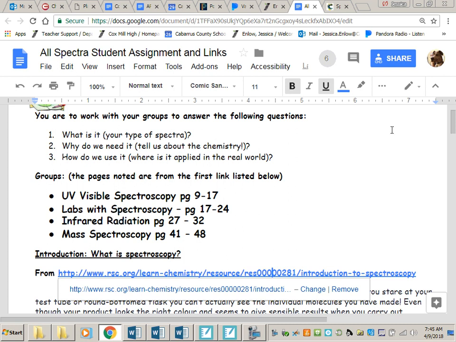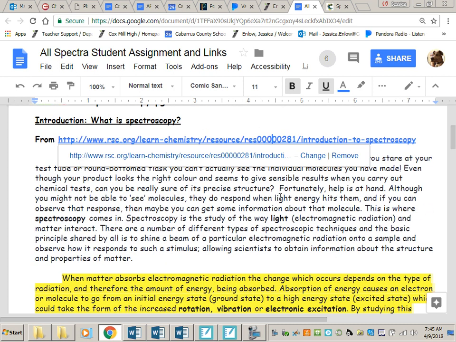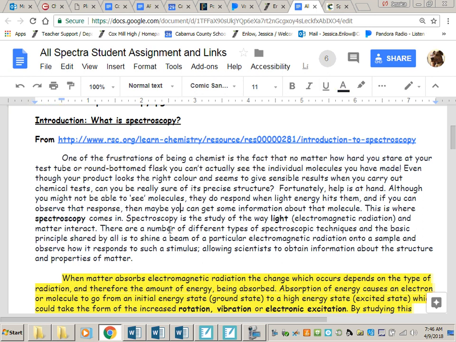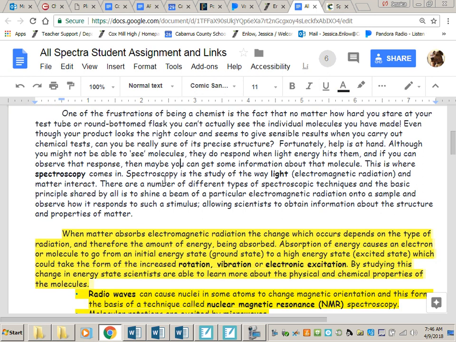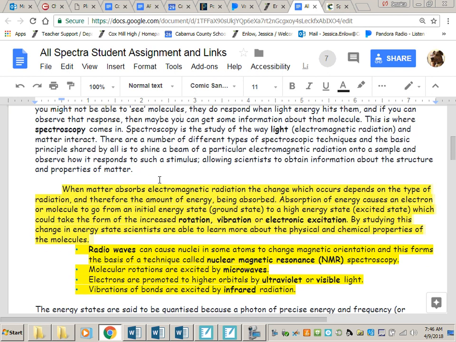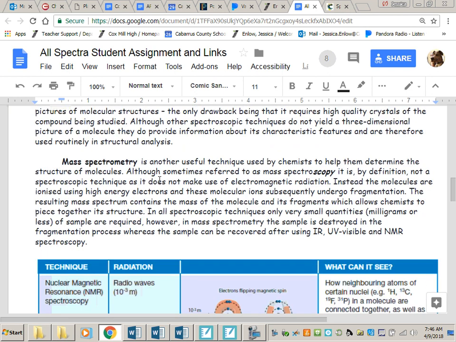Okay, so before you get into the actual project part of this, I want you to read. I have about a page of reading, and that page has a highlighted section, which is probably the most important part. After that, you'll see a table.